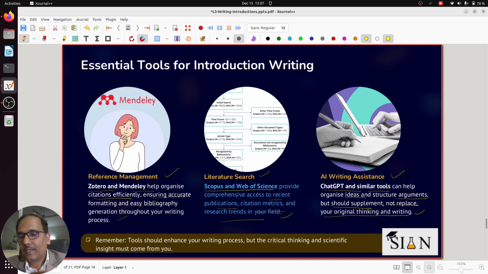Even in the acknowledgement part, you have to mention which AI tools you used, or how much portion you wrote with them. Remember, tools should enhance your writing process, but the critical thinking and scientific insight must come from you. Your personal thinking and writing skill should be observed in your research article.